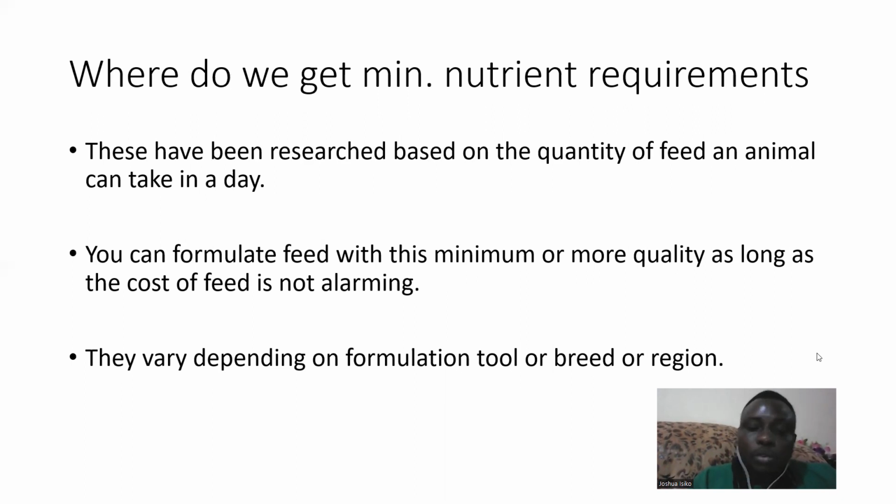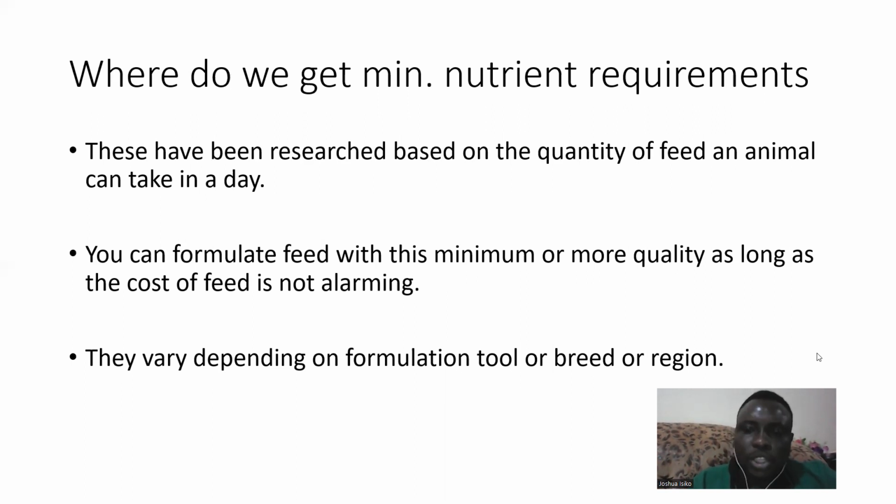Sometimes we use crude protein. You may find nutrient requirements that talk of digestible crude protein, digestible energy. So be careful. If it is digestible crude protein, go for digestible. Sometimes you may find that we increase the crude protein higher than the usual because we are looking at the digestibility of the feed ingredients that are being used.